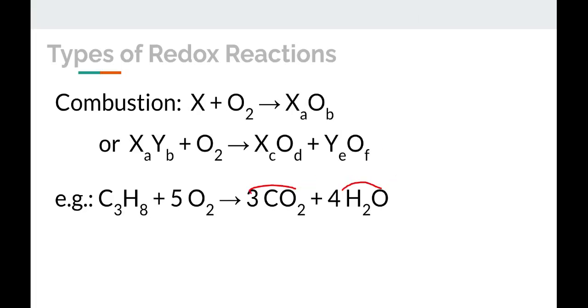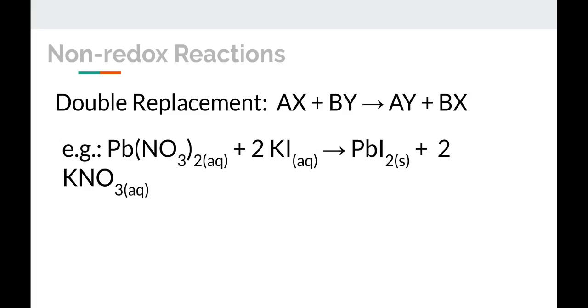Non-redox reactions are also called double replacement reactions. And they have this format AX plus BY makes AY plus BX. So this is like that switching thing, except it's two compounds and they both are switching something. An example of that would be if you had lead nitrate and potassium iodide on the left, and then lead iodide and potassium nitrate on the other side.